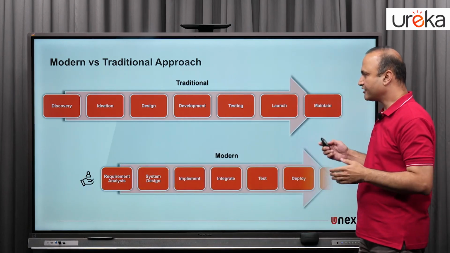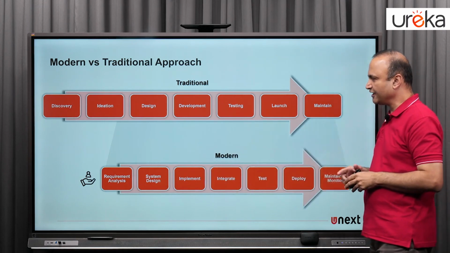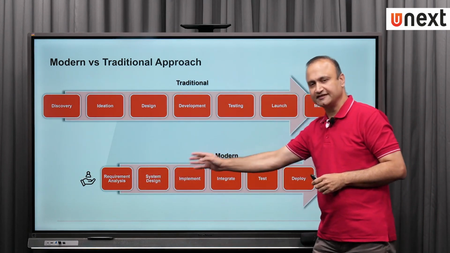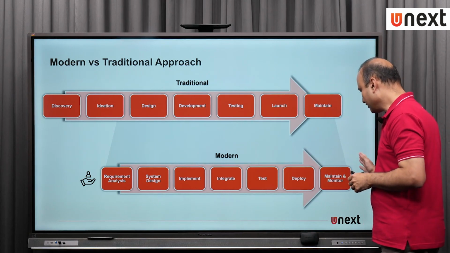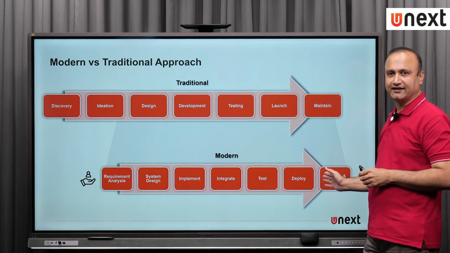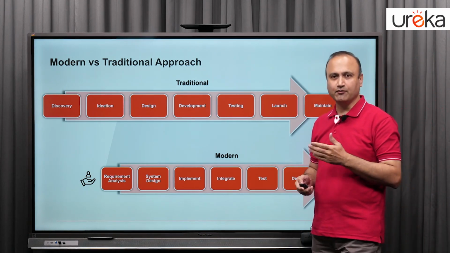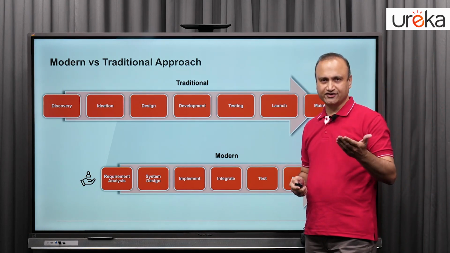So where the modern approach differs is in its ability to iterate right from the customer engagement point of understanding the needs to releasing the product to the market, to the end users. So this is the key difference between the modern approach and the traditional approach.